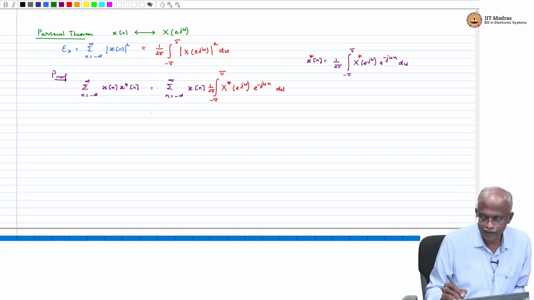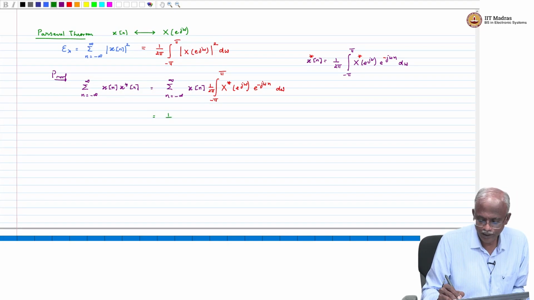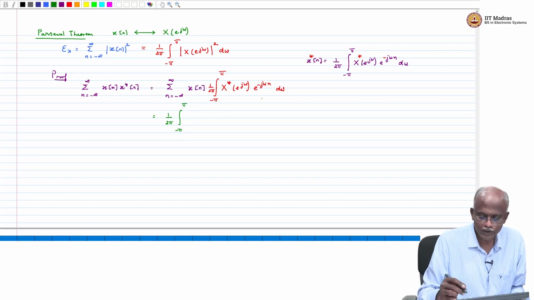Now, interchange the summation and integration. You get 1 over 2π, integral minus π to π. We can take the X conjugate e of j omega outside, so let me do that.